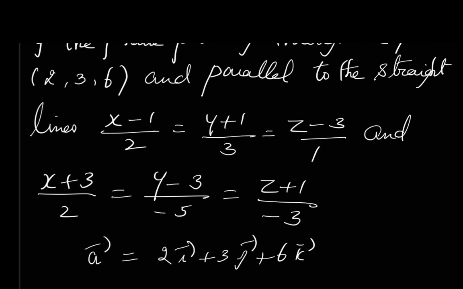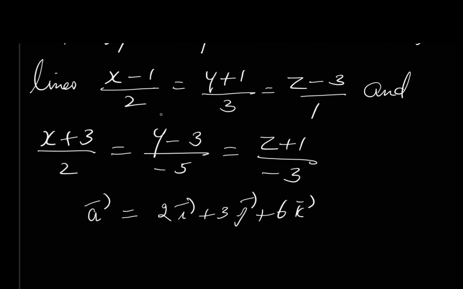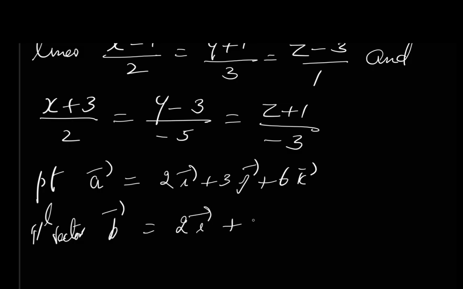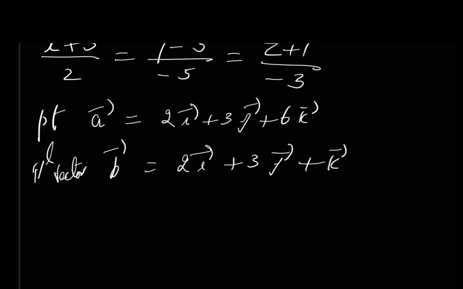The plane is also parallel to the straight lines, which means it is parallel to the vectors given by the denominator direction ratios. So vector b is 2i plus 3j plus k.